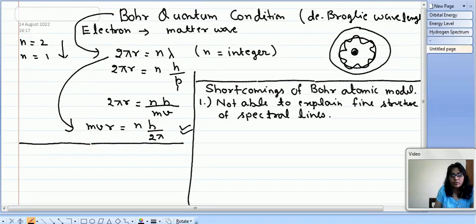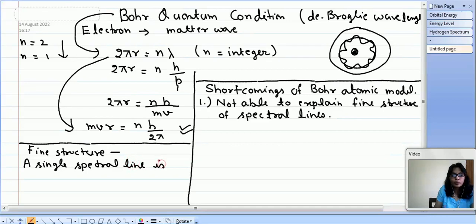Fine structure means a single spectral line is composed of several lines.